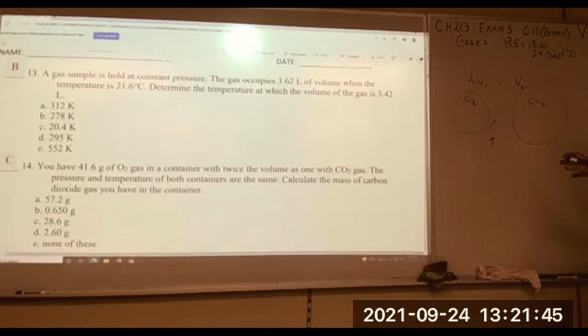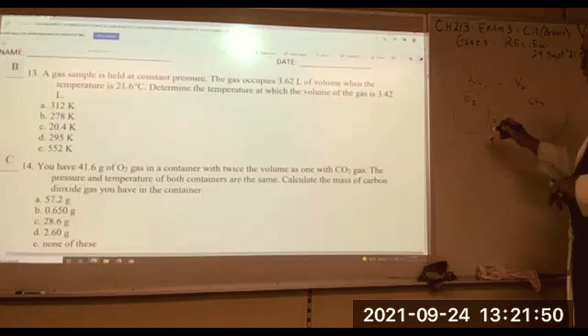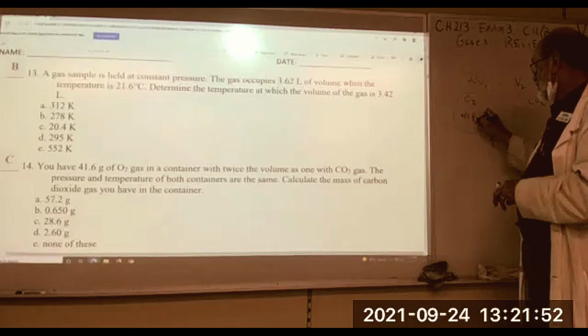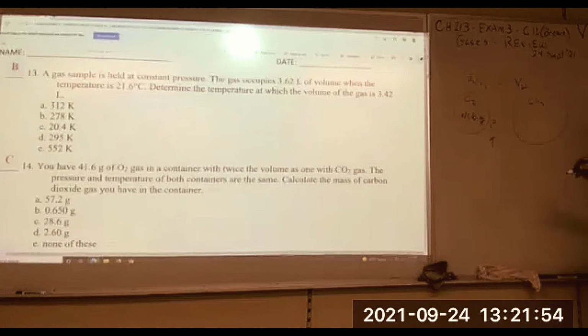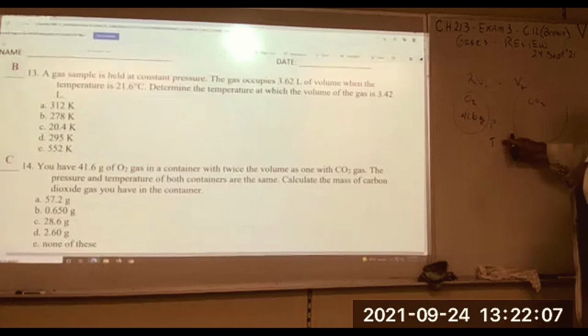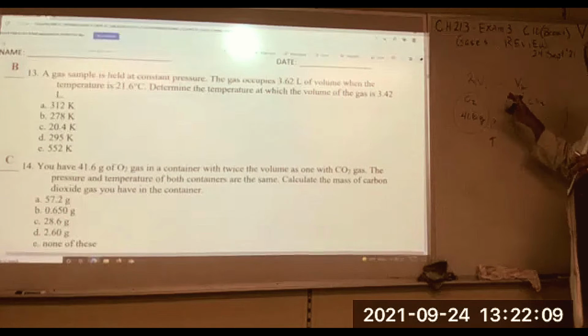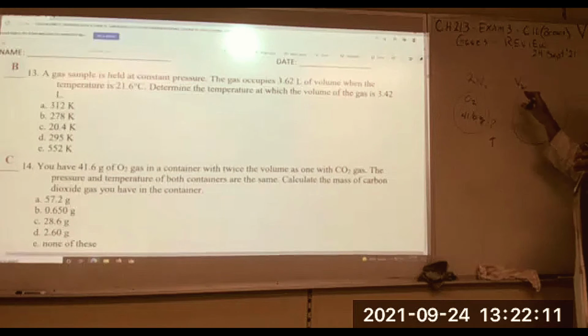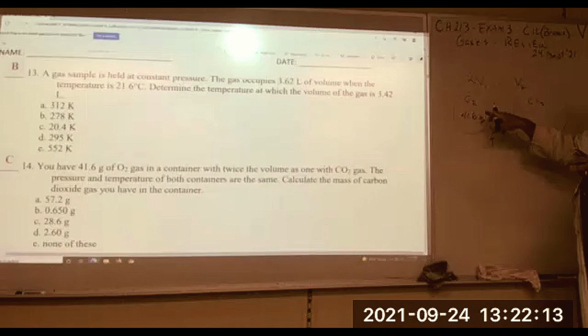What's the mass of carbon dioxide you have in this container? Right. We have 41.6 grams, right? Okay. How do you solve that problem? Avogadro's hypothesis is where I would go. Because Avogadro said, if the pressure and the temperature are the same, and the volumes are the same, then you have the same number of moles. But this volume is twice of that.